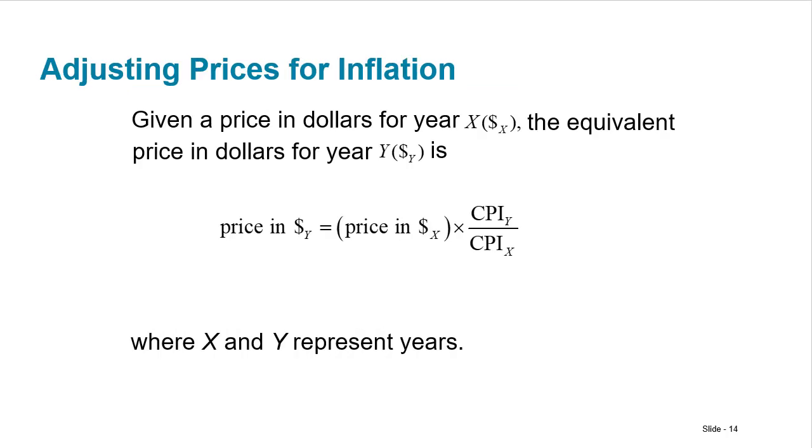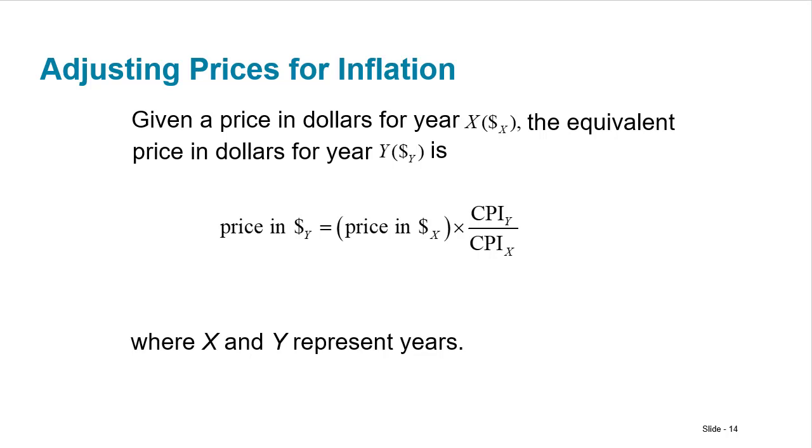How about adjusting prices for inflation? Well, if you're given a price in dollars for a certain year, the equivalent price in dollars for a different year is just take that starting year's price and multiply it by the CPI ratio, the new year divided by the starting year, right?